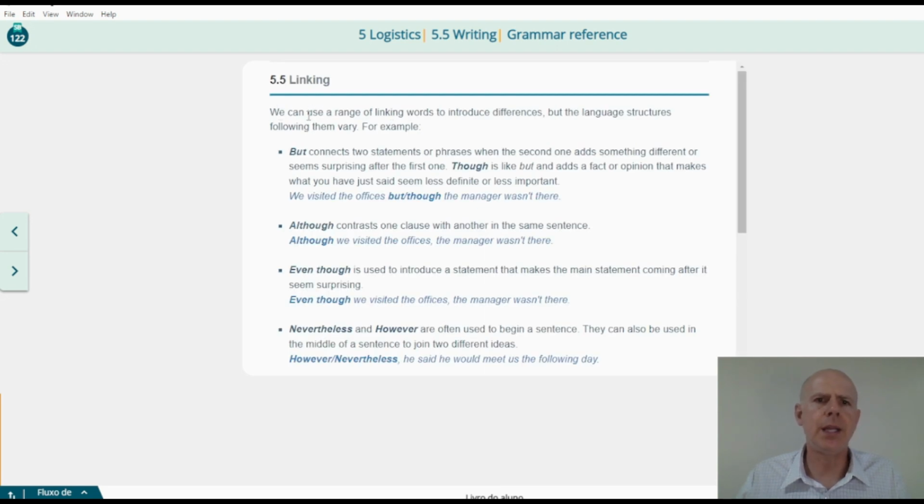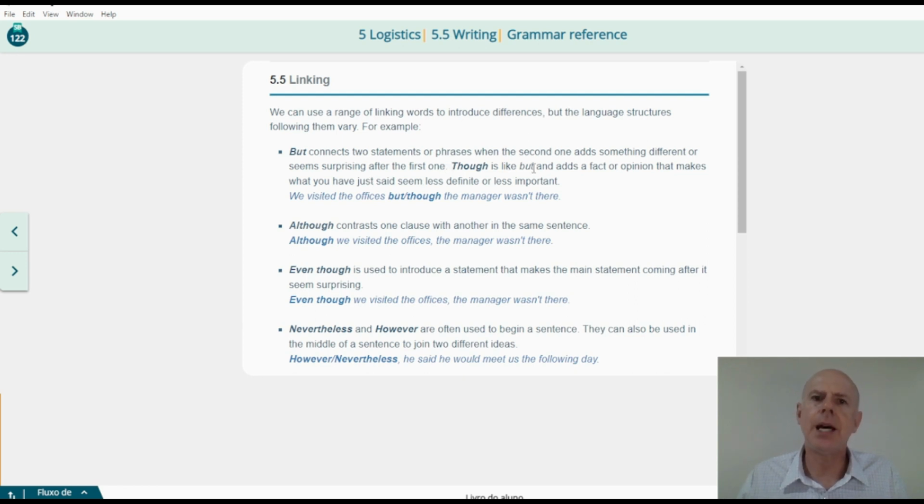Linking. We can use a range of linking words to introduce differences, but the language structures following them vary. For example, we have the word but, which connects two statements or phrases when the second one adds something different or seems surprising after the first one.